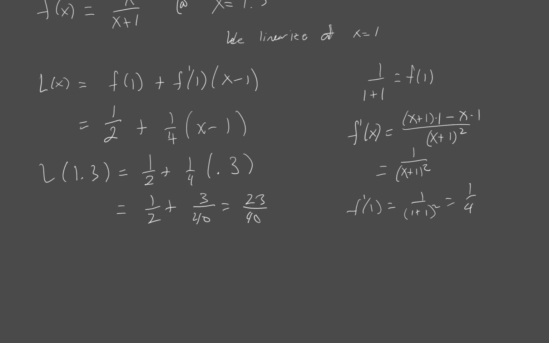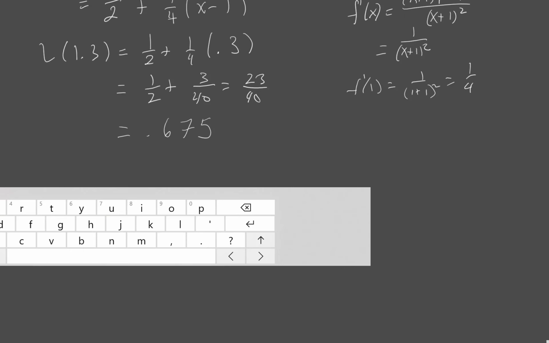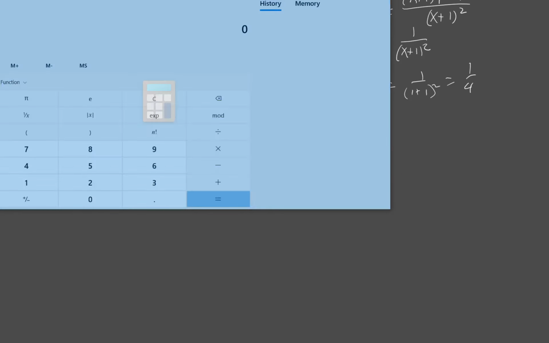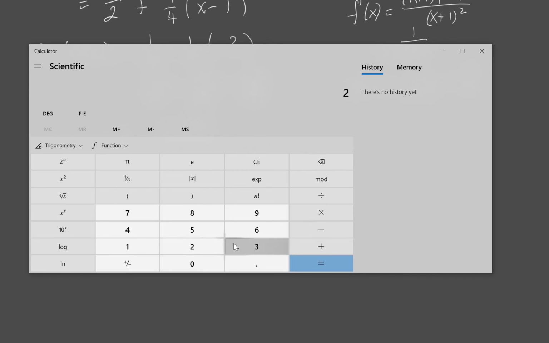So this is going to be 0.675, I believe. Let me put that into a calculator and check. 0.575.